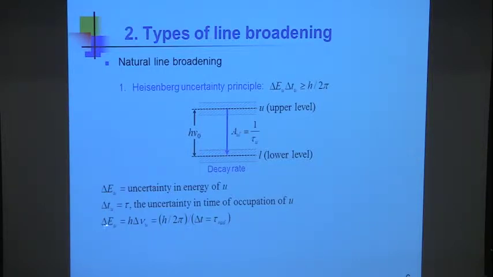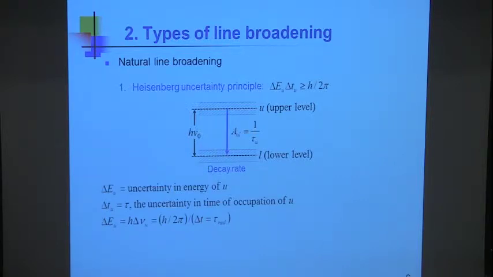So if I try to evaluate delta E from this relationship up here, delta E is the h delta nu, where delta nu is the inverse of the time. So whatever the lifetime is, that in the denominator here, that's going to determine the fuzziness of this level. So if you make this time shorter and shorter and shorter, that gets fuzzier and fuzzier and fuzzier.